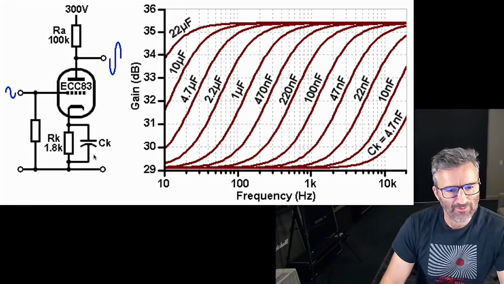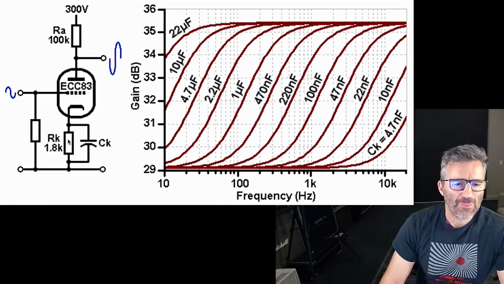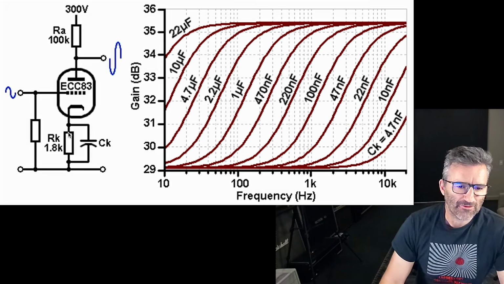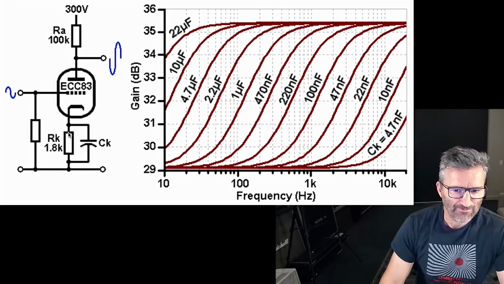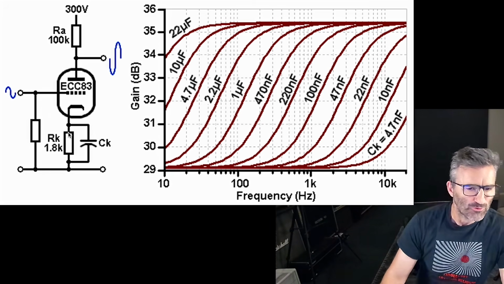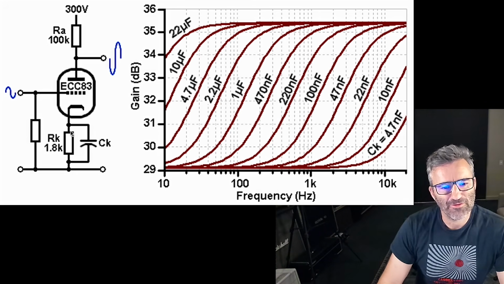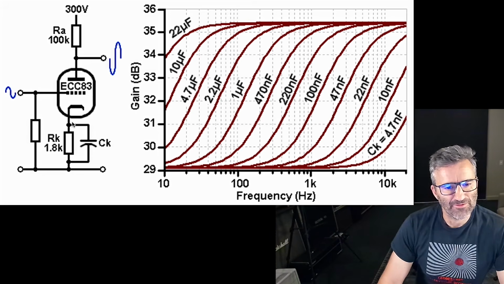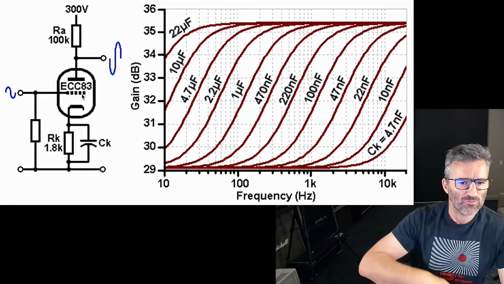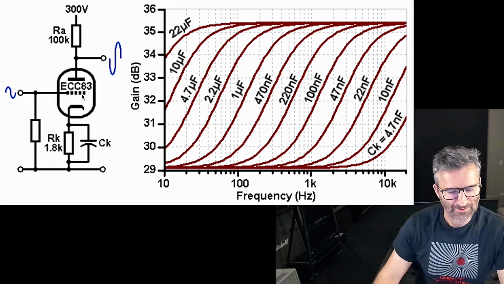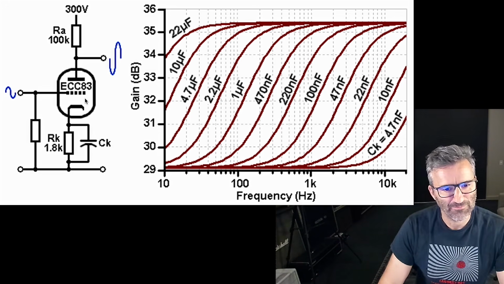If you don't have that in place, we've just got our cathode resistor here, okay? What does Ohm's law tell us? Ohm's law is V equals IR, or current times resistance. So resistance here is constant, but the current is increasing, right? So as we get more and more gain out of this thing, think of this from an AC perspective, right?